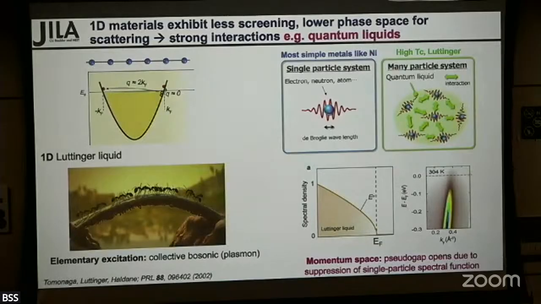So what do we know about Luttinger liquids? This paper still has not been submitted for publication. So if you know anything about them, including Martin, help me if you have questions, because we don't have the full story, but we have some very neat data. We know a Luttinger liquid has very strong electron-electron interactions.